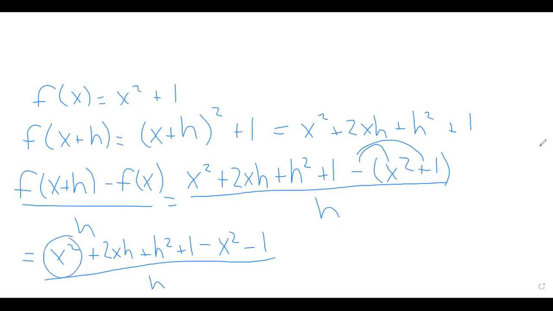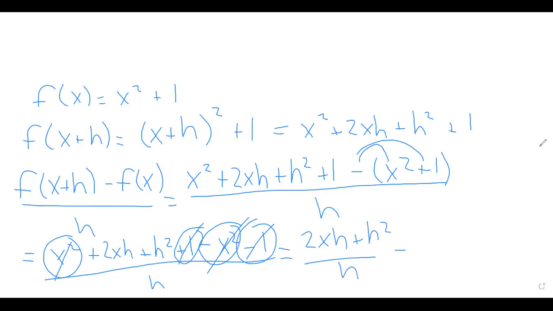Here we see a positive x squared and a negative x squared. Those cancel. There's nothing with an h over here, so that won't cancel. But we see a plus 1 and a minus 1. So all we're left with is 2xh plus h squared over h. Now the h on the bottom is going to cancel because there's an h in each of those. So that is going to come to be just 2x plus h. That is our final answer as our difference quotient.